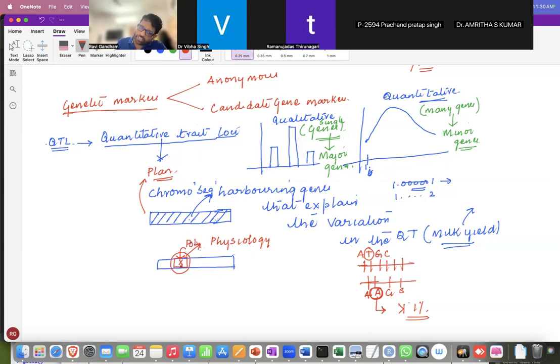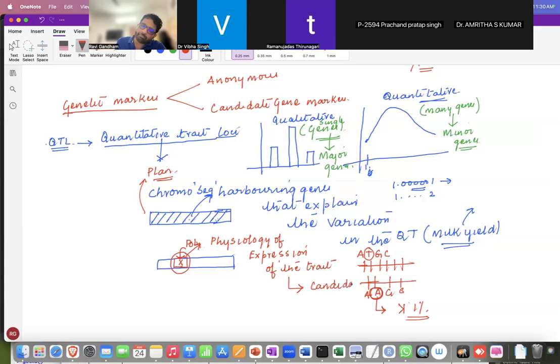And if this particular gene is explaining the physiology of expression of the trait, then you say that this particular gene is a candidate gene.